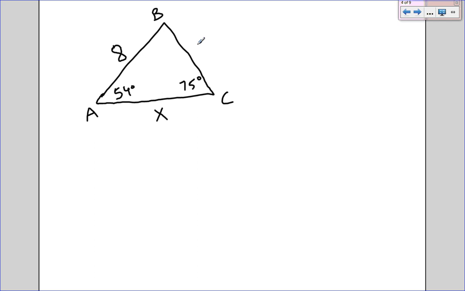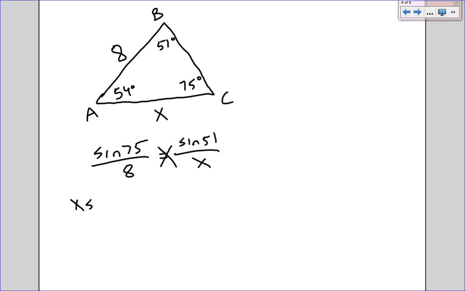All right, so first off, realize that if it's a triangle and you have 2 angles, you can find the third. So you subtract those 2 from 180, you get that this angle is 51 degrees. So now you can say sine 75 over 8, because that's the side and the angle that correspond, equals sine 51 over x.